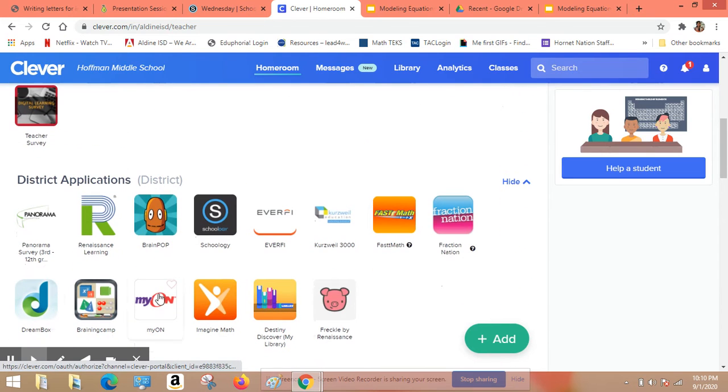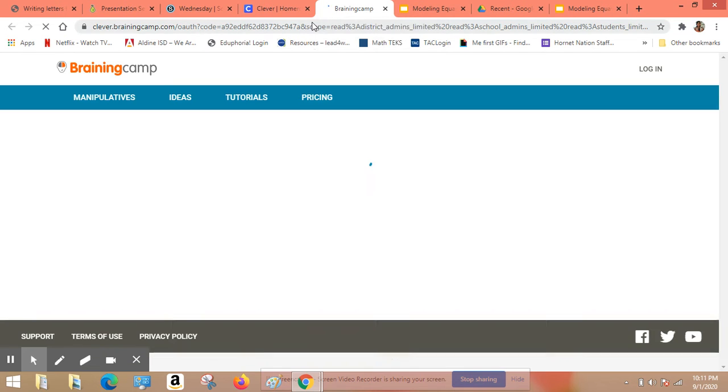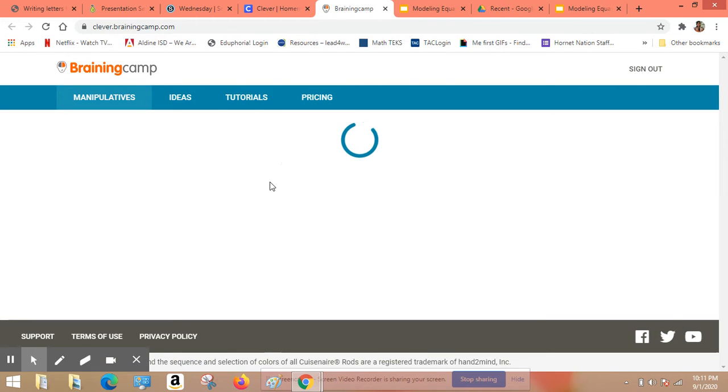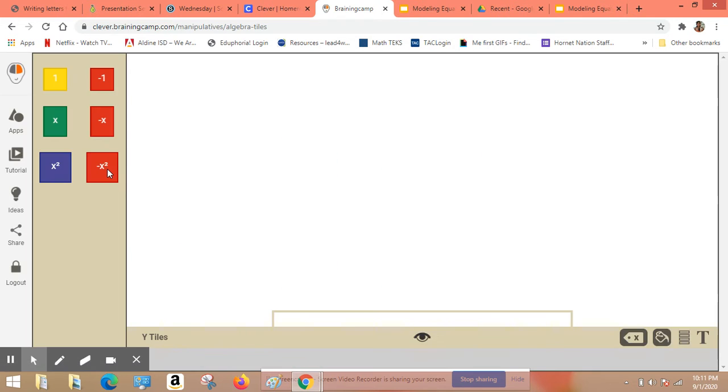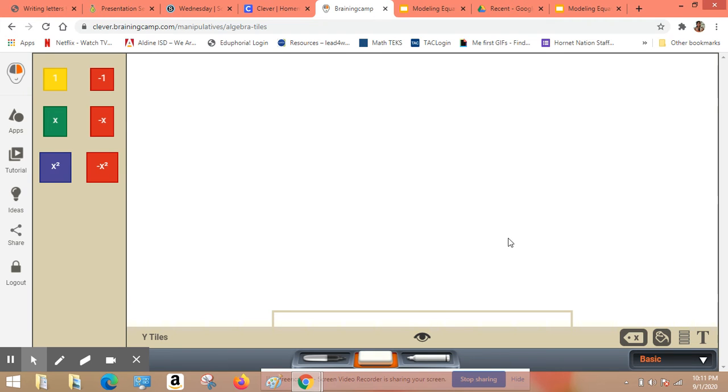It should be somewhere right here. I put a heart on it so it can be in my favorites and pops up right there at the very top. Now we're going to click algebra tiles, because we're working with algebra tiles. And once we work with the equations, you can go right here and click basic solving.